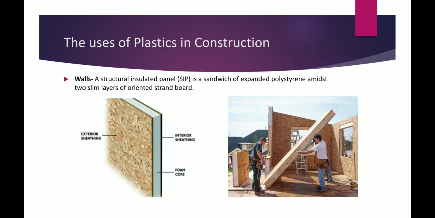And here I have a picture illustrating the exterior and interior sheetings as well as the foam core. And on the right, a picture of the structural insulated panels being used as a wall in construction.